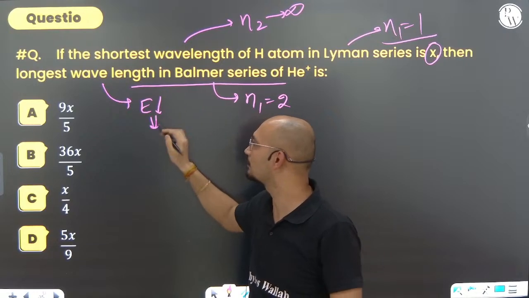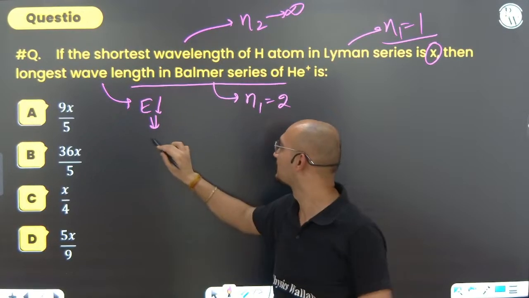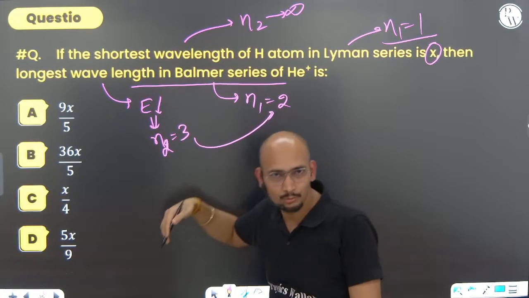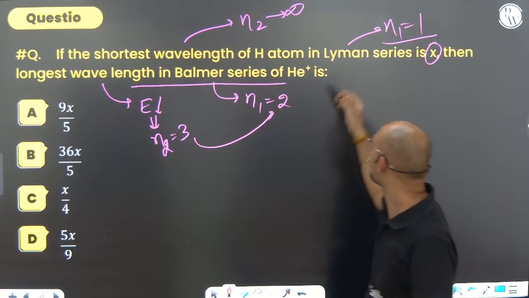For energy to be minimum, the difference between the energy levels should be minimum, so N2 should be 3. So it is going from 3 to 2, right?